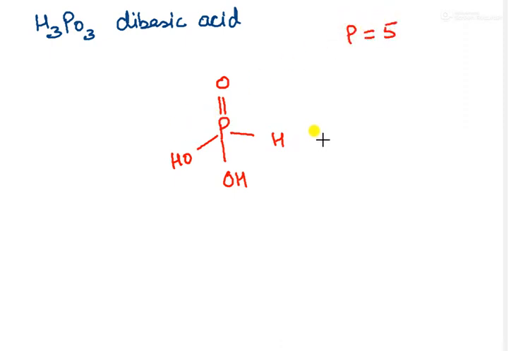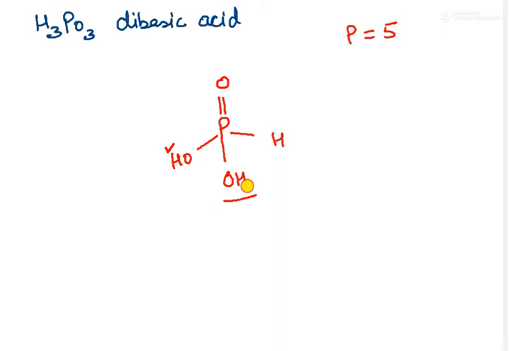If we replace this hydrogen, the phosphorus valency will not be affected because phosphorus is directly combined with oxygen.